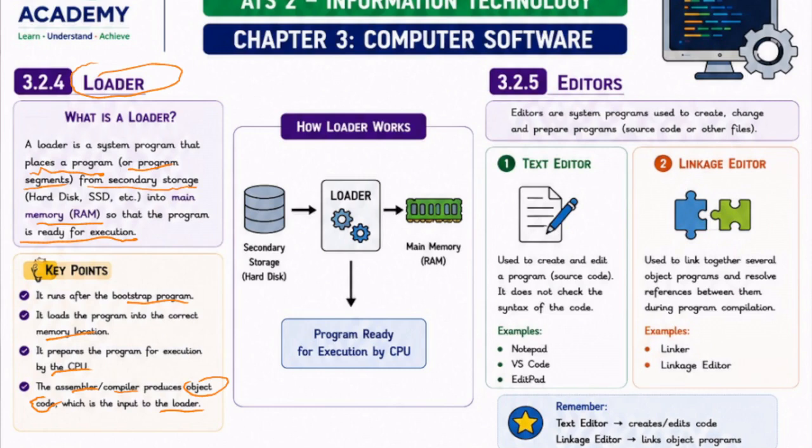Do you understand it now? So that is the function of the loader. How does the loader work? Let's say this is the secondary storage, where WhatsApp or TikTok is. The loader takes it to the main memory, and that makes the program ready for execution by the CPU, which is the central processing unit. And that's the difference between loader and Bootstrap.